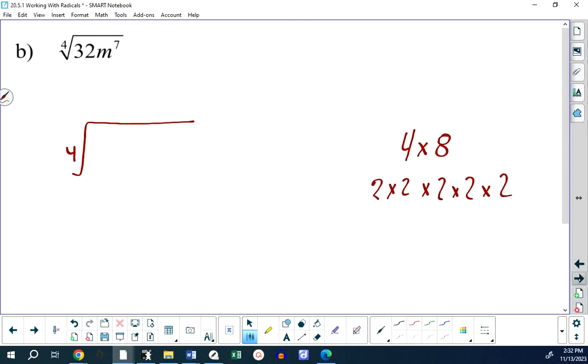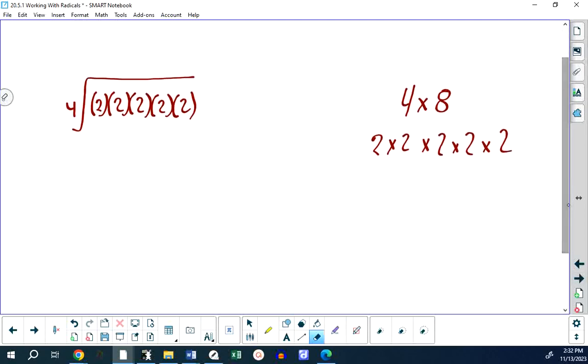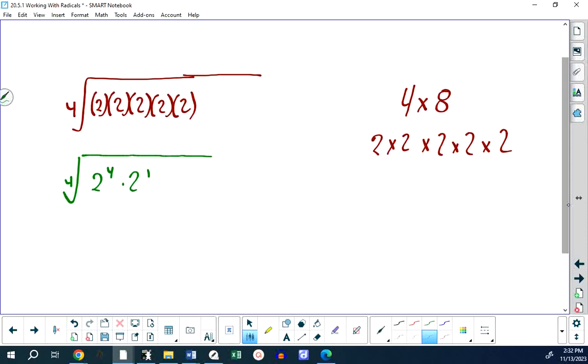So whether you choose to write 5 2's here, or I'll put an alternate approach in green, or write this, is up to you. I mean, 2 to the 5, there's 5 2's, so that's 2 to the 5. Why am I grouping it as 2 to the 4 and 2 to the 1? Well, because it's the 4th index. I'm taking the 4th root.